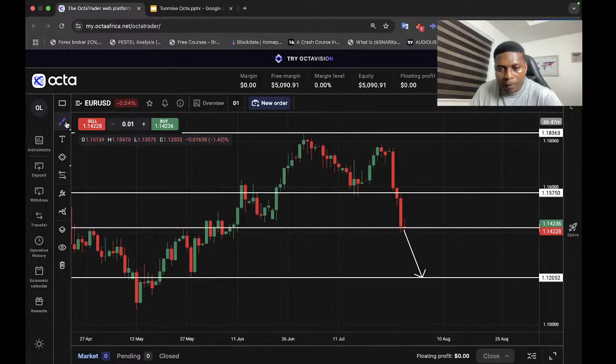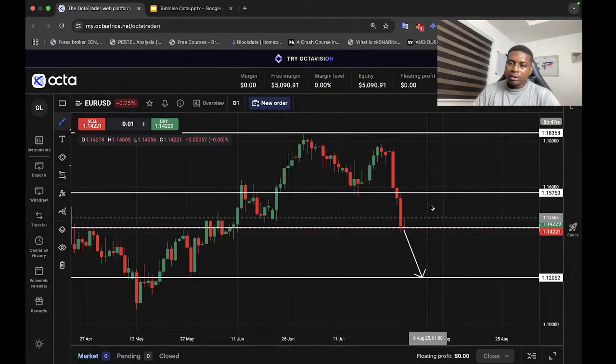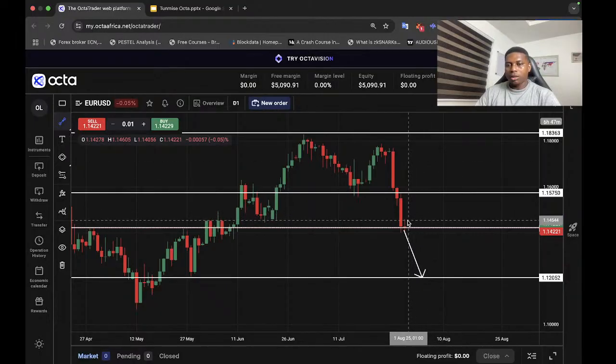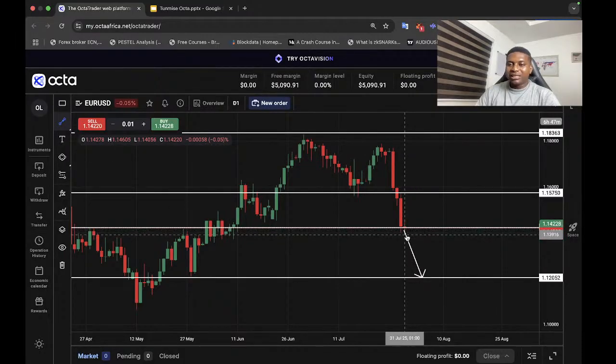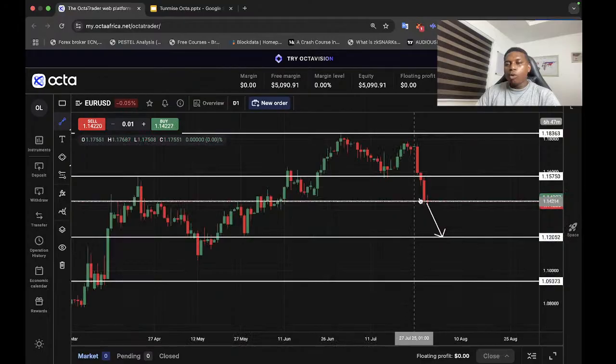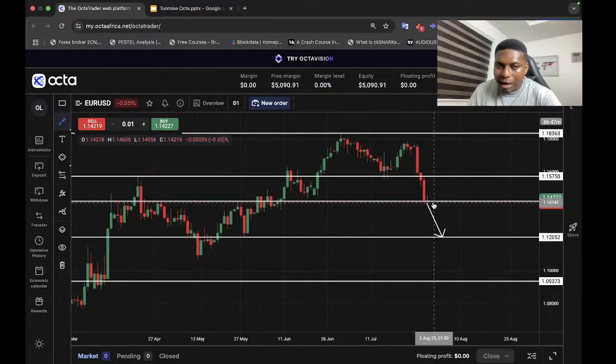And the likelihood of price going up is very slim at this pace with this consistent fall, right? This is just like the first leg of the bearish movement. The second one will touch down to this level. I am very bearish and have a bearish outlook on EURUSD.